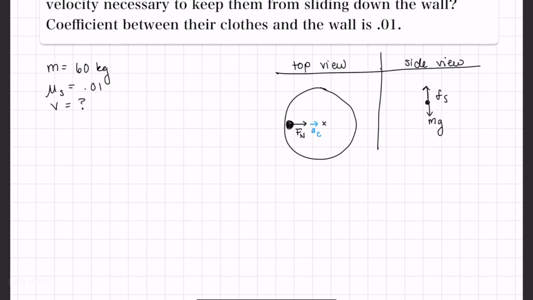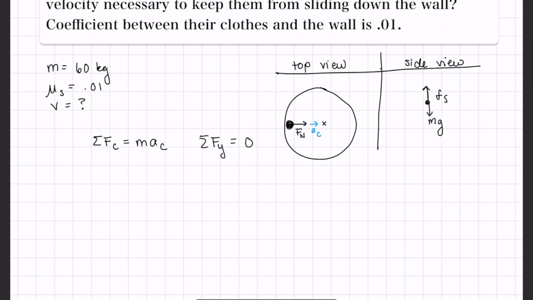So we can say the sum of our centripetal forces equals mass times AC. We can say the sum of our forces in the y is going to be equal to 0. That's what we're trying to get to.